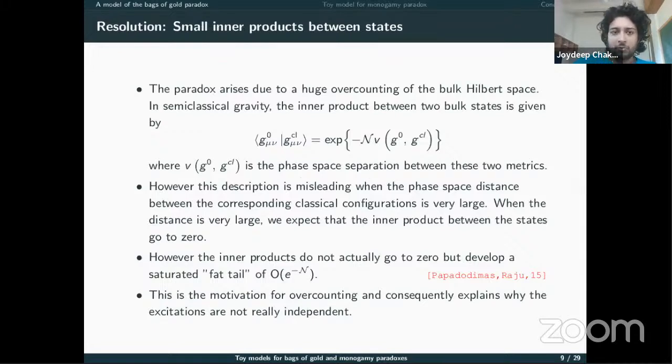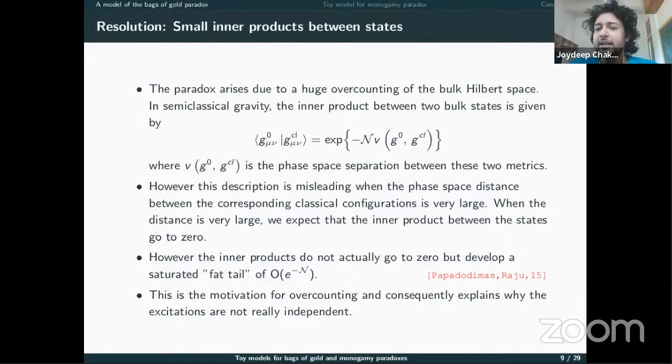Our proposed resolution is that even though we have constructed these excitations to be spatially separated far apart, there are small inner products between them. Let us understand this in detail. The paradox arises due to a huge overcounting of the bulk Hilbert space.